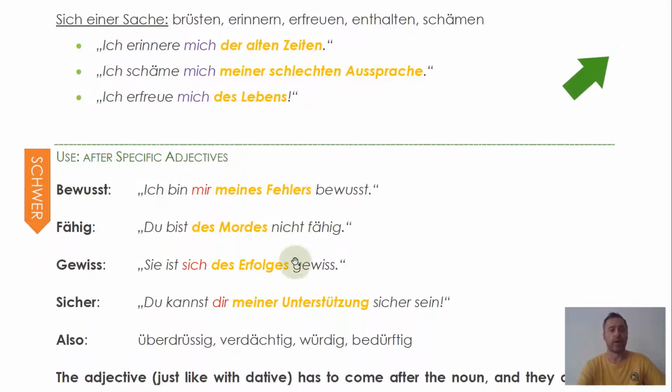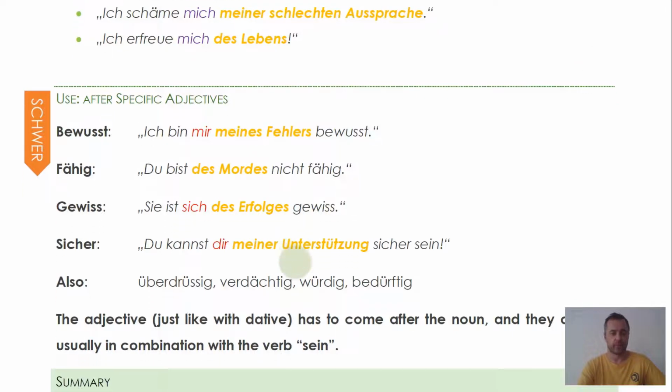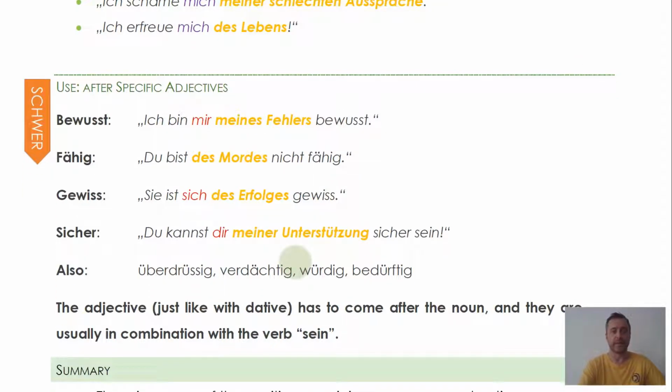Also, you have to use the genitive after some specific adjectives. Like in my dative video, this is B2 and above. It's more here for you to make it complete. Ich bin mir meines Fehlers bewusst means I know about my mistake, or I'm aware of my mistake.